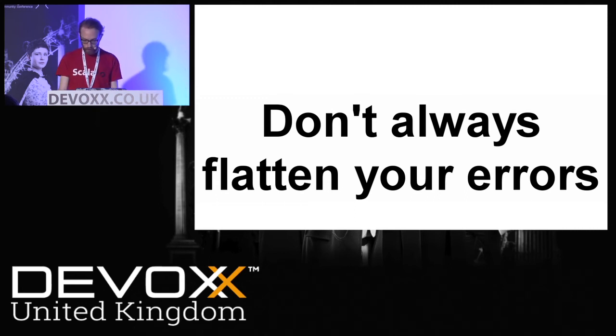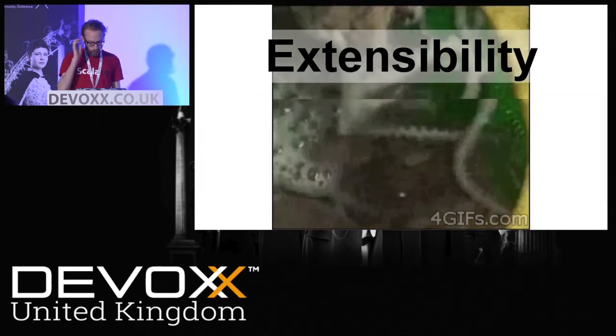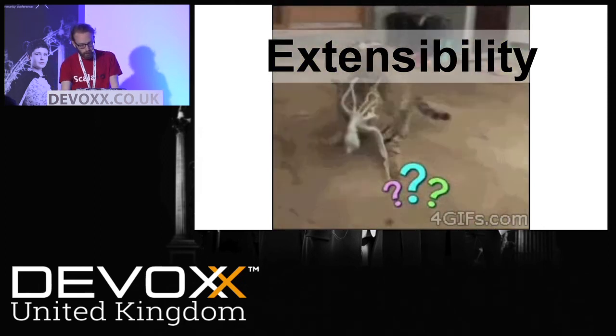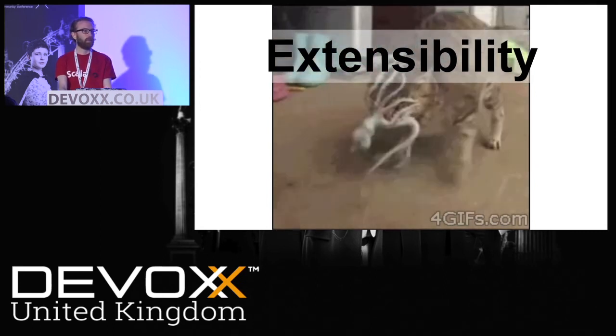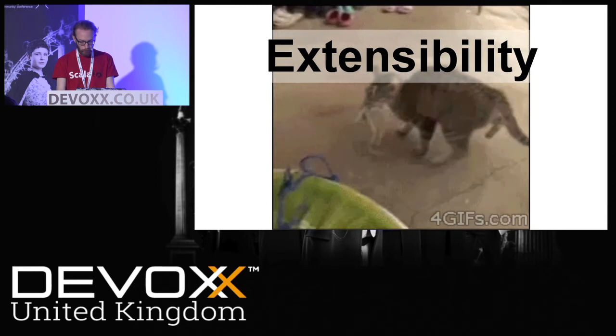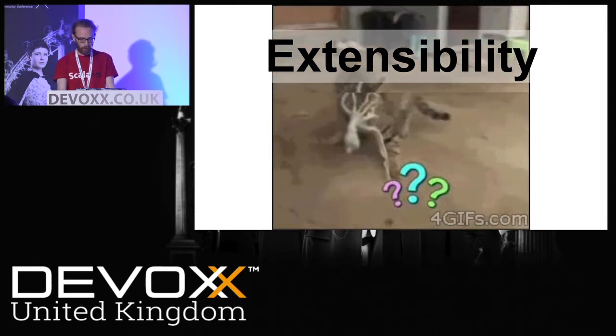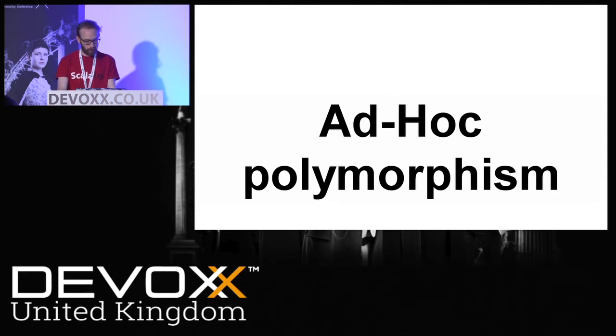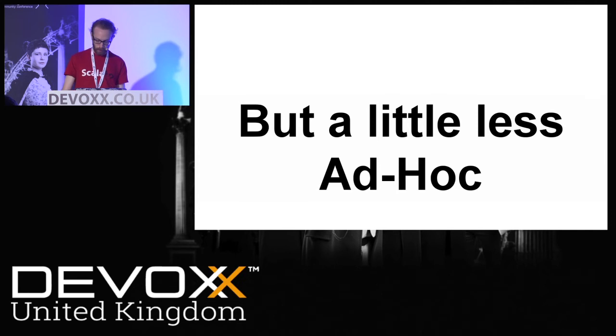Okay, so next up, how do we do extensibility in a functional setting? We're not using inheritance and stuff like that. So there is a solution invented in Haskell and used in other languages now, which was defined in a paper called Ad-Hoc Polymorphism, but Little Less Ad-Hoc.